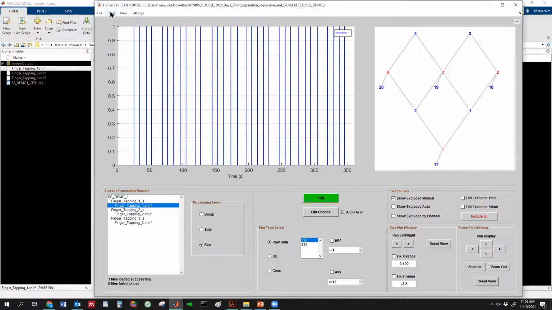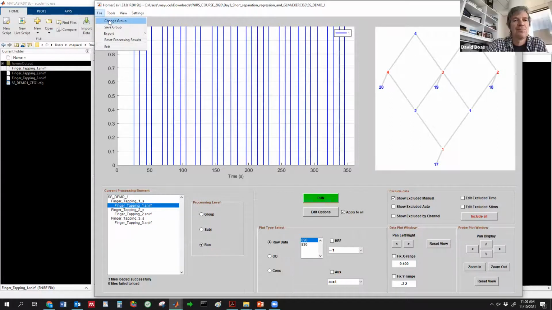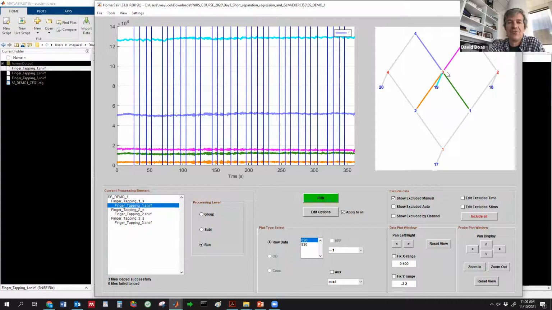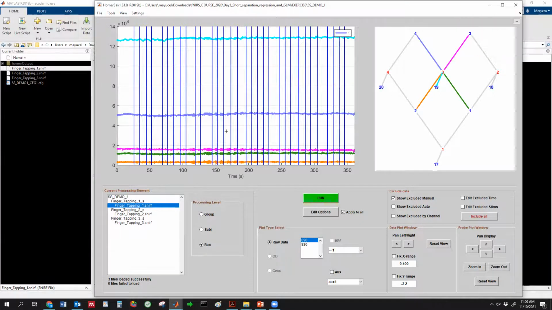All right, so people remember that they could go to change group to change to the SS demo 1, and then it will open up and be here. You select a channel, you can view the data. We already have all the conditions there. Miriam, I assume this is a finger tapping task, right? Yeah, 10 seconds of finger tapping, I believe.